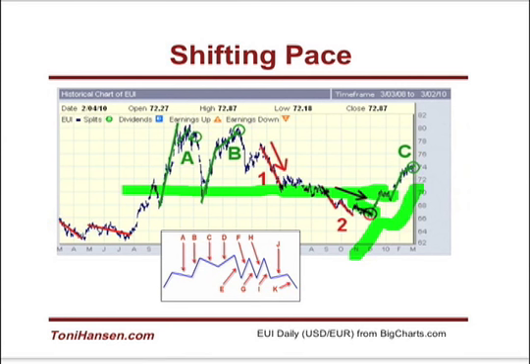Now what we're seeing, however, is that momentum is attempting to shift again. So we're seeing this slowdown as it's coming into this price zone here at 74, where the momentum is attempting to shift once again.